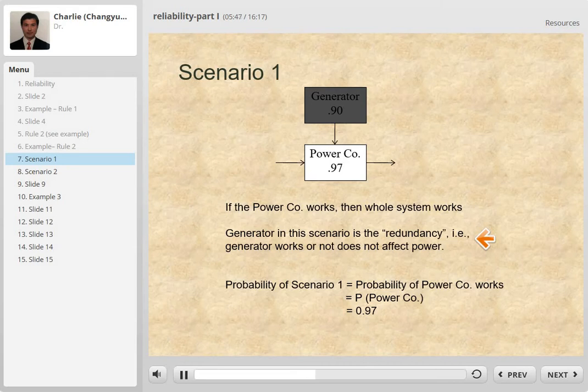So the probability of scenario 1 equals the probability of power line works, which we write as P of power line, which is 0.97. What about the generator in this case? It's irrelevant as long as the power line works. In other words, as long as the power line works, the whole system works. You got power. That's scenario 1.